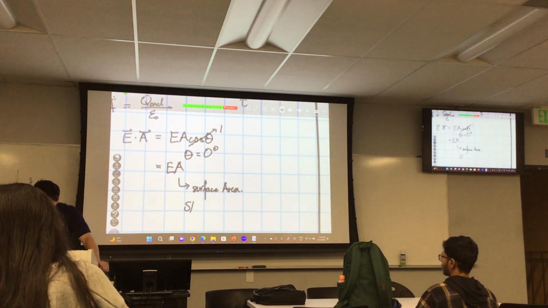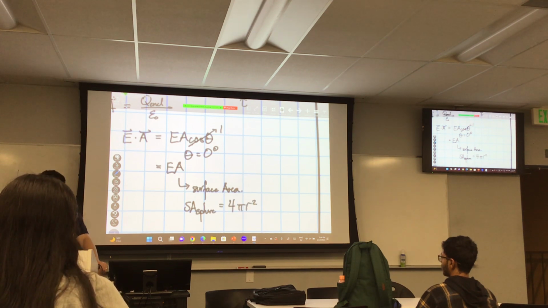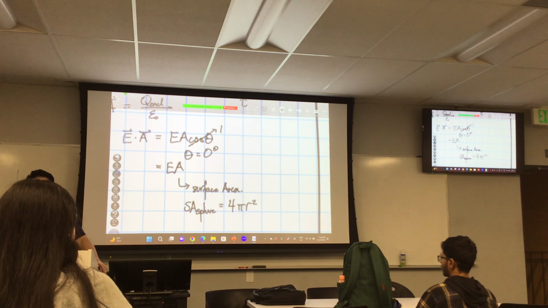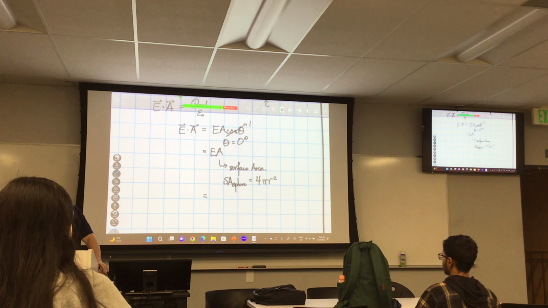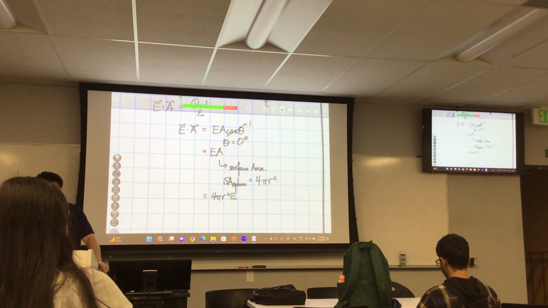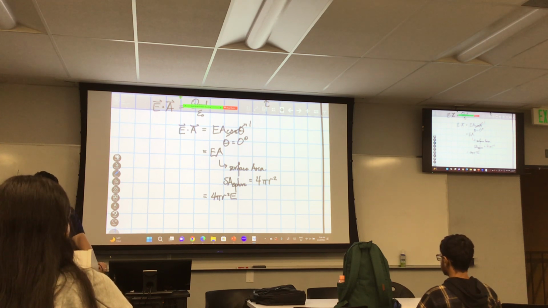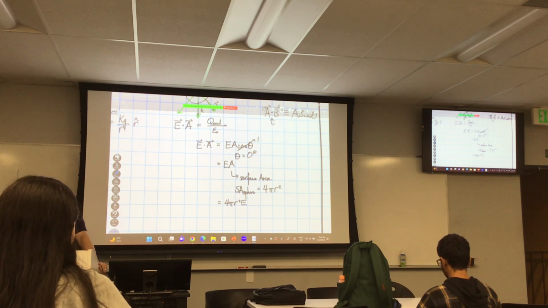So the surface area of a sphere, something you might want to write down, is 4 pi r squared, meaning this entire left-hand side is 4 pi r squared times E. Now let's equate that to the right-hand side.